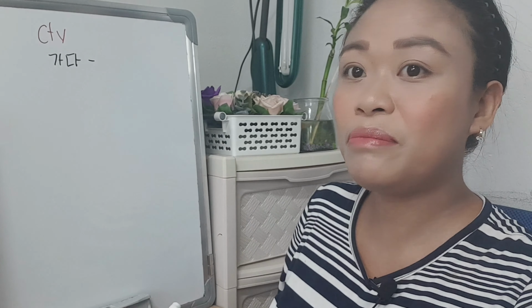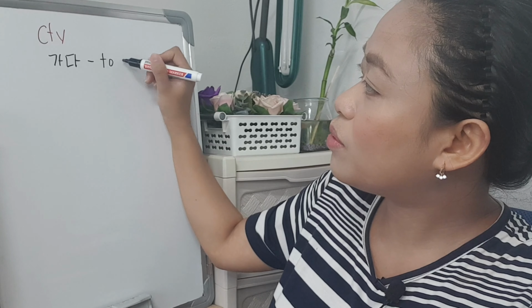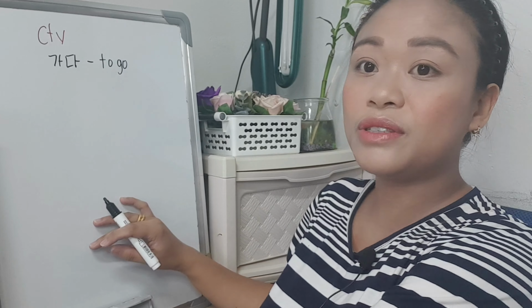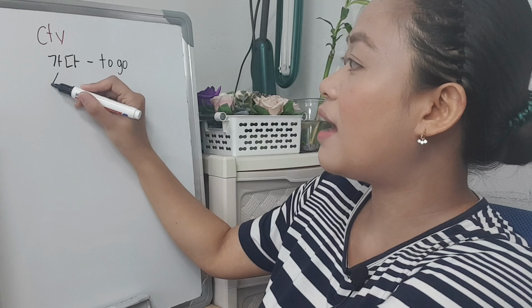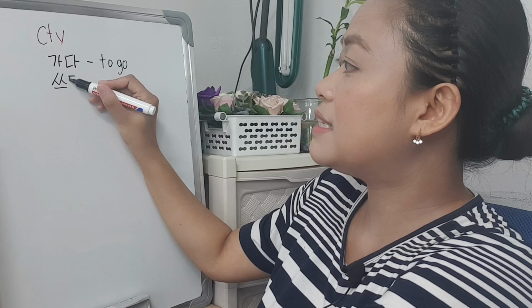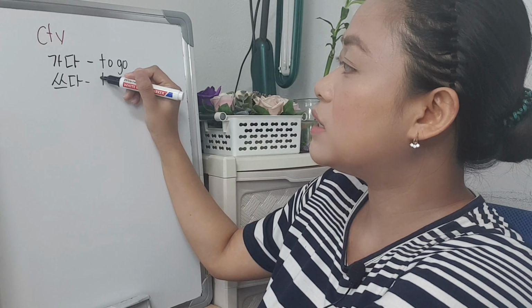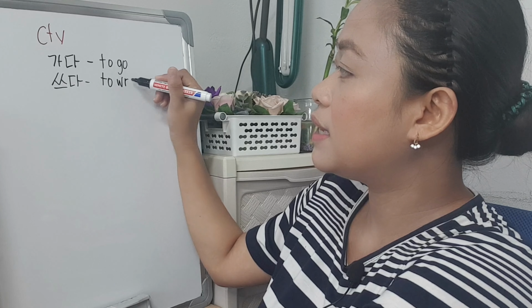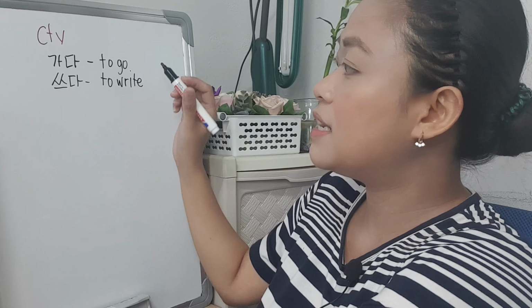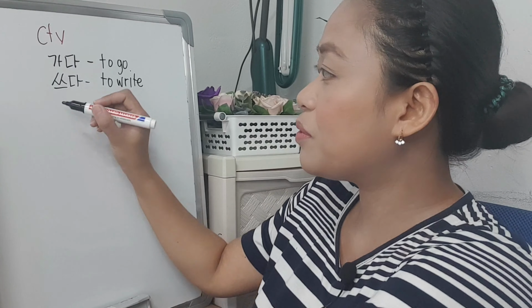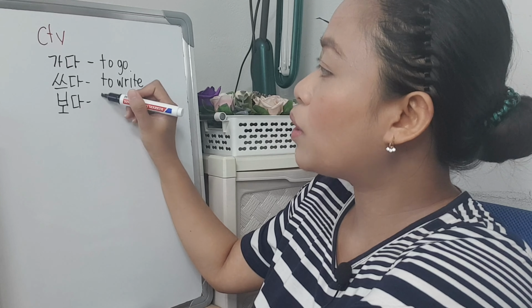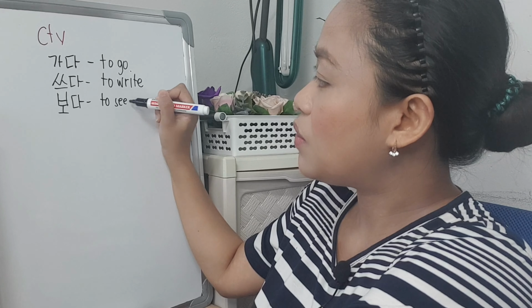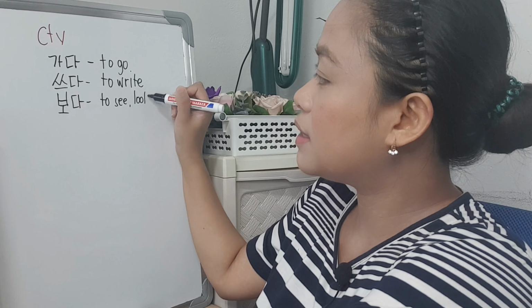For consonant plus vowel, we have the word kada, which means to go. We also have sida, or to write. And we can also have the word boda, or to see or to look.